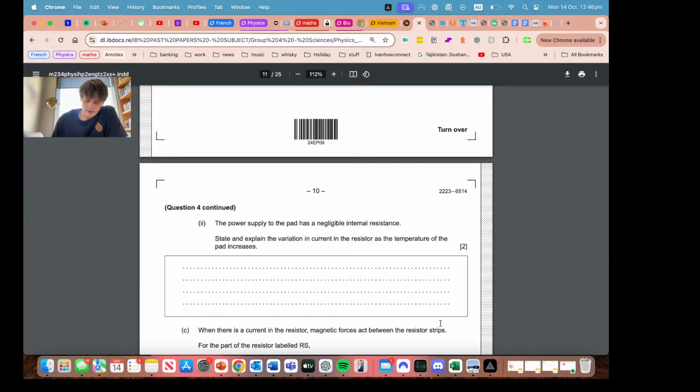State and explain the effect of adding another capacitor in parallel with the original capacitor.